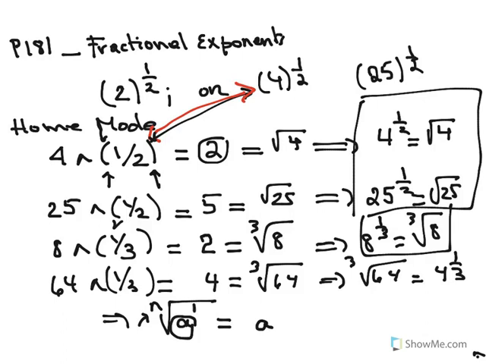The numerator of the fraction is the power that a has, which is 1, and the denominator of this fraction is the index, or the root. So it will be a to the 1 divided by n.